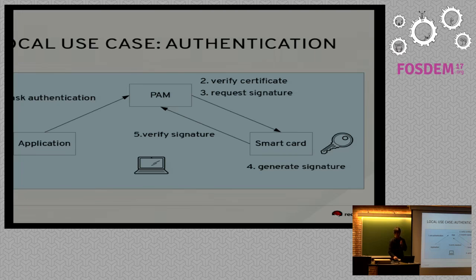First, the application requests authentication from the system PAM service, and then one of the PAM modules requests the smart card to send back the certificate, and then the PAM module verifies the certificate, and then it asks the smart card to sign some arbitrary data, and then verifies the signature. After all, the user authentication succeeds.